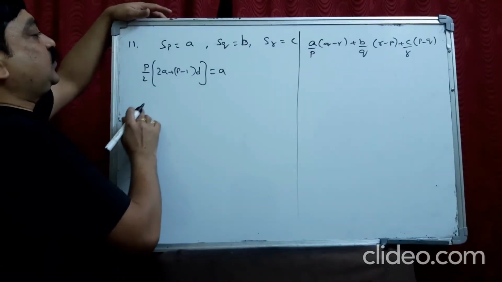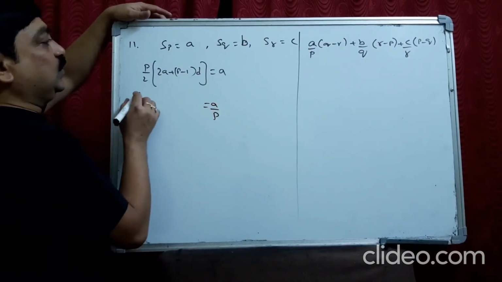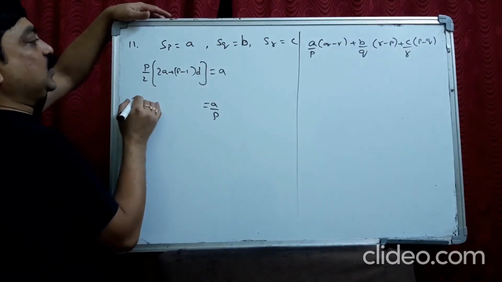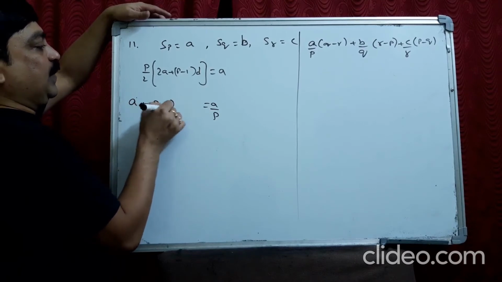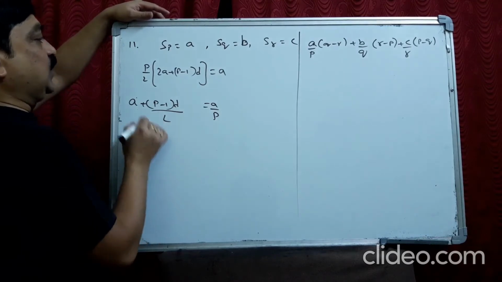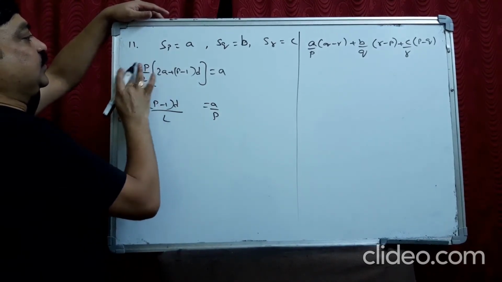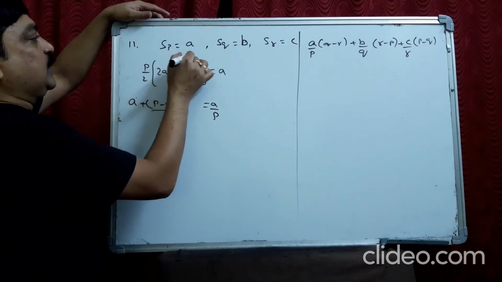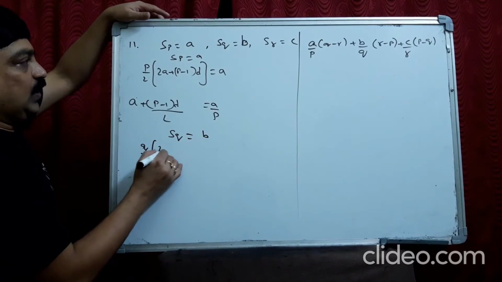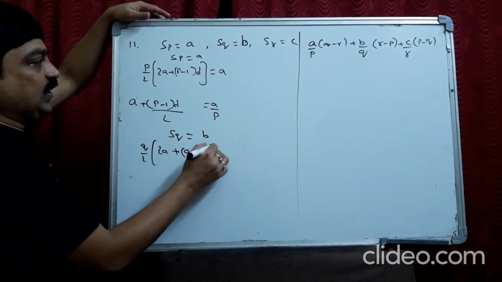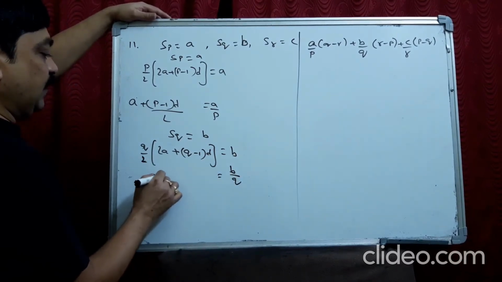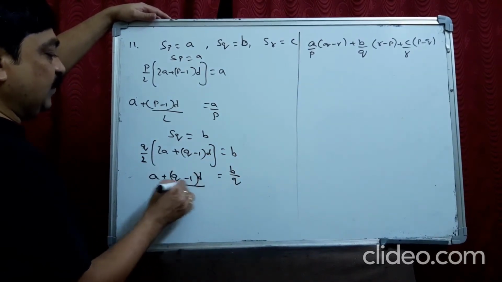SP means P by 2 into 2A plus P minus 1 into D is equal to A. From this, we need A by P. So it becomes A plus P minus 1 into D by 2. In the same way, SQ is equal to B. Q by 2 of 2A plus Q minus 1 into D is equal to B. So B by Q becomes A plus Q minus 1 into D by 2.